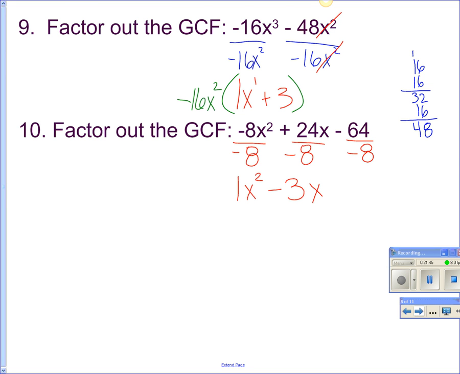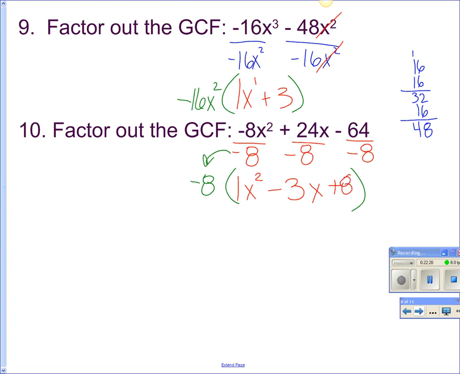You can use your calculator if you want. What'd you just get? Divided by 8. Zaria, what do you have to do with your answer? Put this in parentheses and bring down your negative 8. Put it out front. Okay.